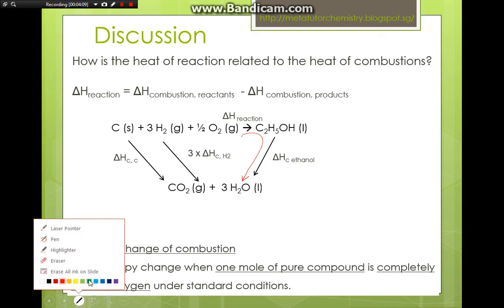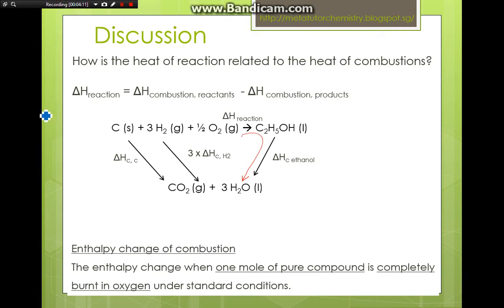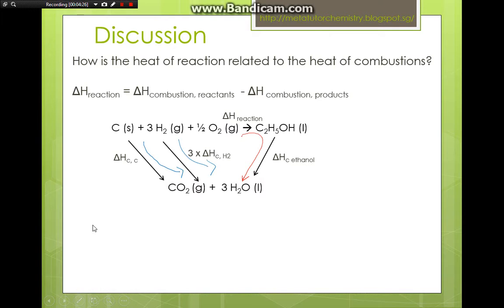For the anti-clockwise direction, we start off again from the same spot. It will be these two values here. So we equate the clockwise direction to the anti-clockwise direction. We have heat of reaction and combustion of ethanol on the same side. We have combustion of carbon and combustion of hydrogen on the other end of the equation, on the opposite side.